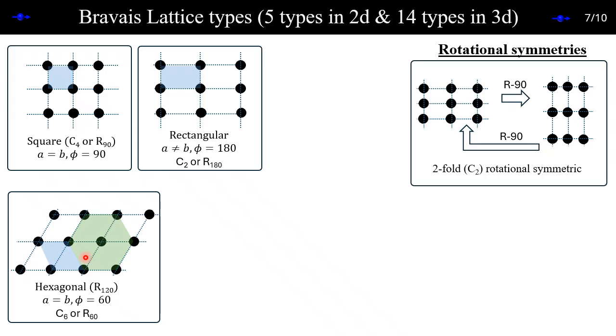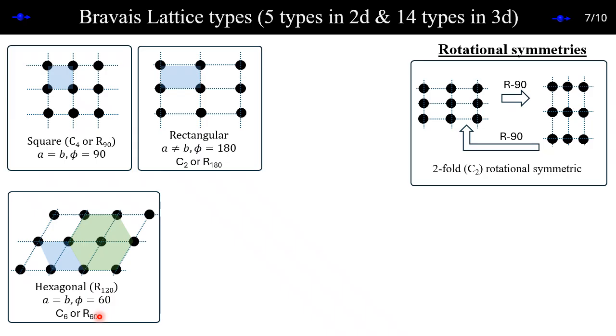These are the hexagonal system, the 2D hexagonal system. This is special because of this hexagon, right? I hope you are able to follow that. If I rotate this entire thing by 60 degrees, I will eventually get the same structure. So it has six-fold symmetry, or R60.